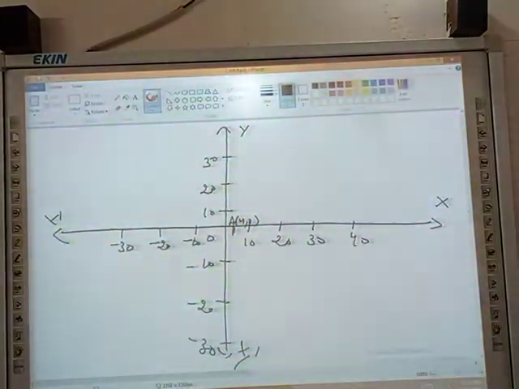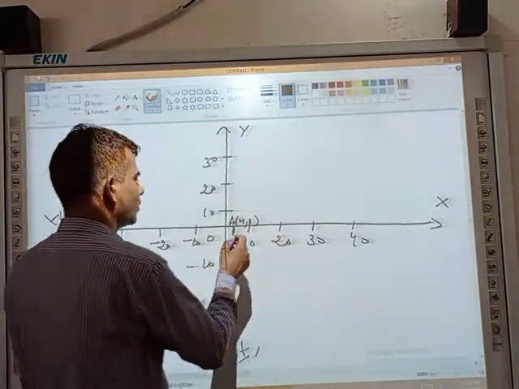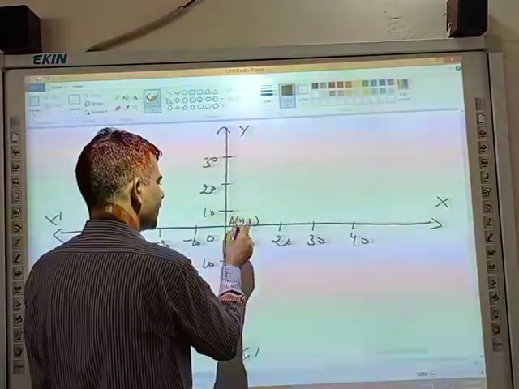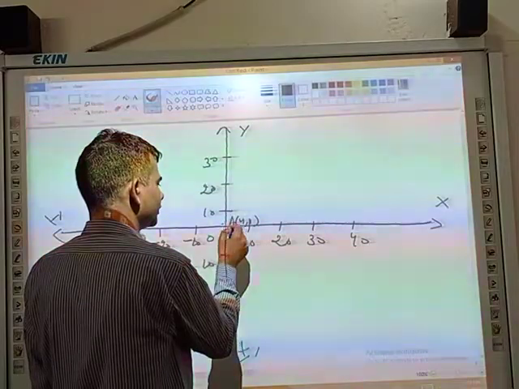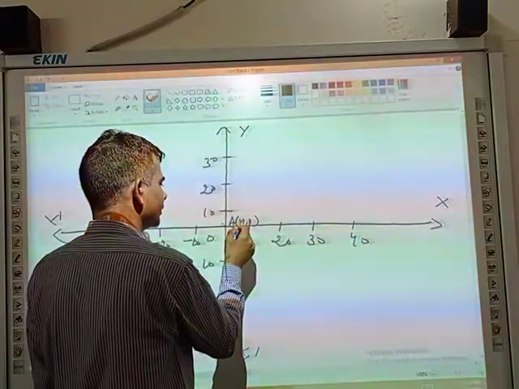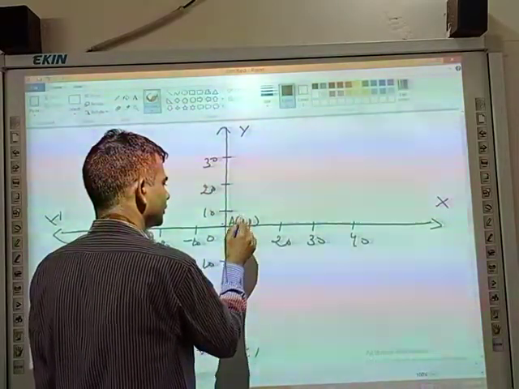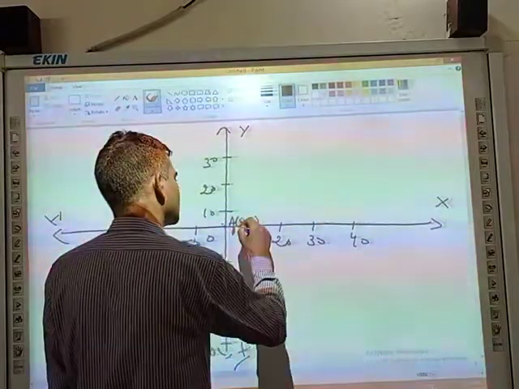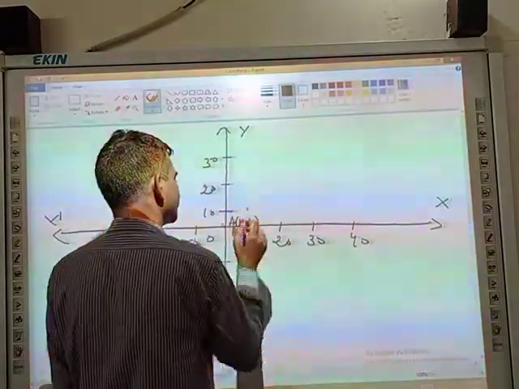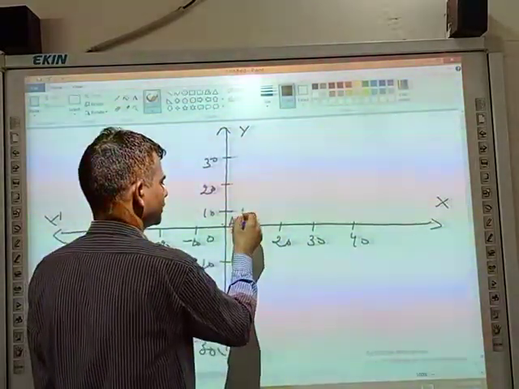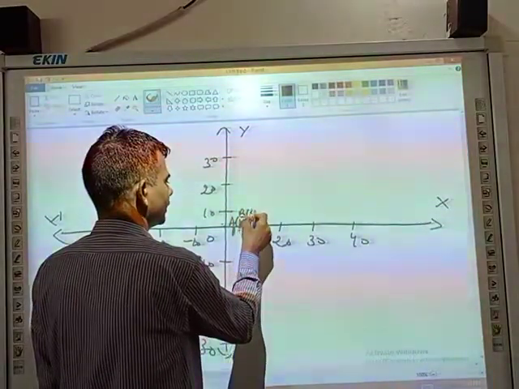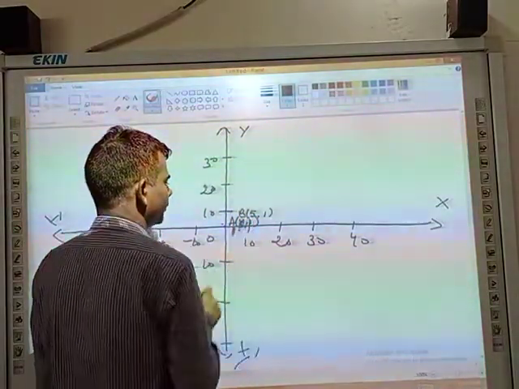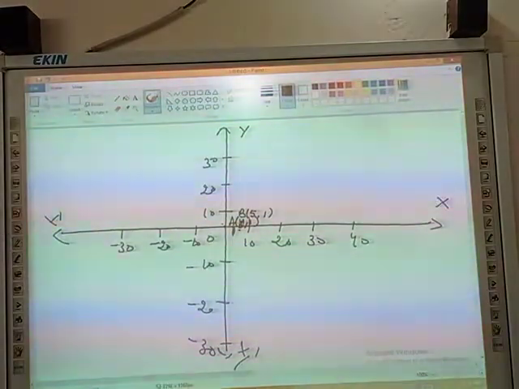Next is 5 and 1. The mid of this is 5 and this is your 1. The point will be here. That is your point 5, 1.